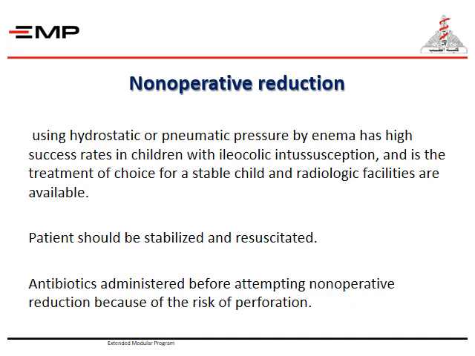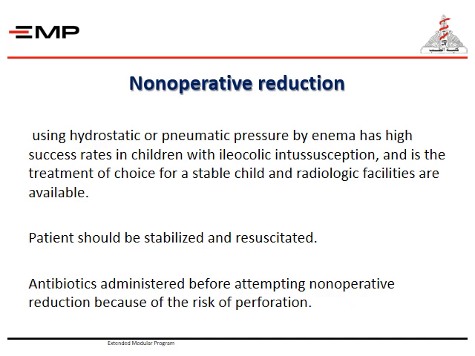Non-operative reduction by hydrostatic or pneumatic pressure by enema has high success rates in children with ileocolic intussusception, and is the treatment of choice for a stable child when radiologic facilities are available. Contraindications are long duration of symptoms and/or suspected bowel perforation.